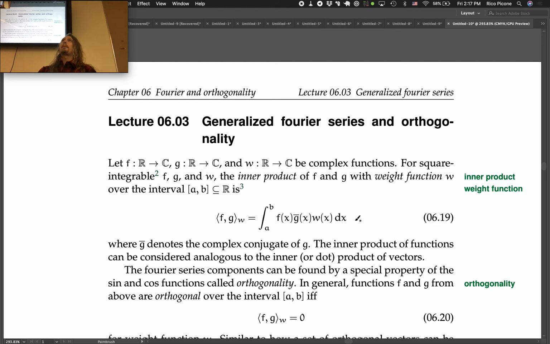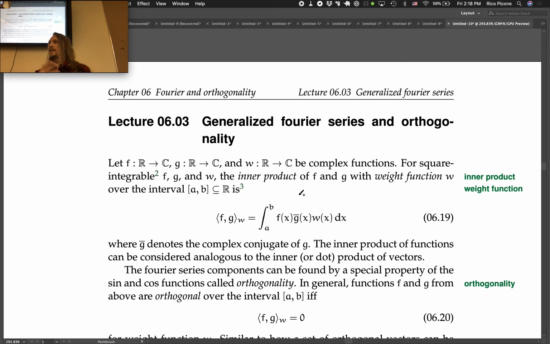Now, this generalizes pretty easily to a larger space. So you can do complex functions over R, and complex functions over R2 and R3, etc. And when you take this integral, instead of integrating from a to b, you integrate over that surface if it's R2 or that volume if it's R3.